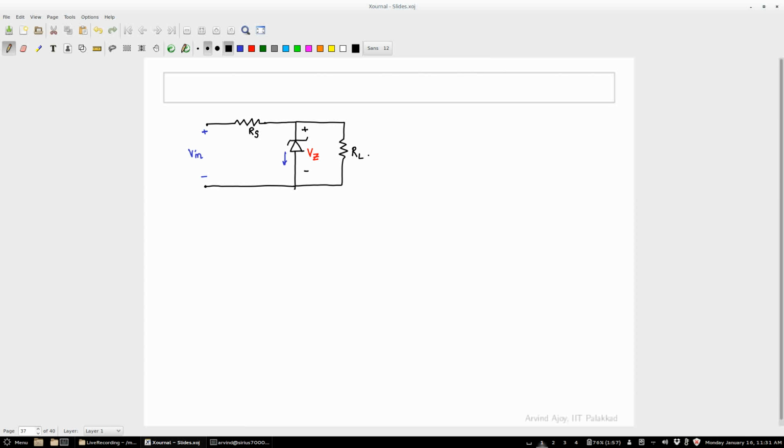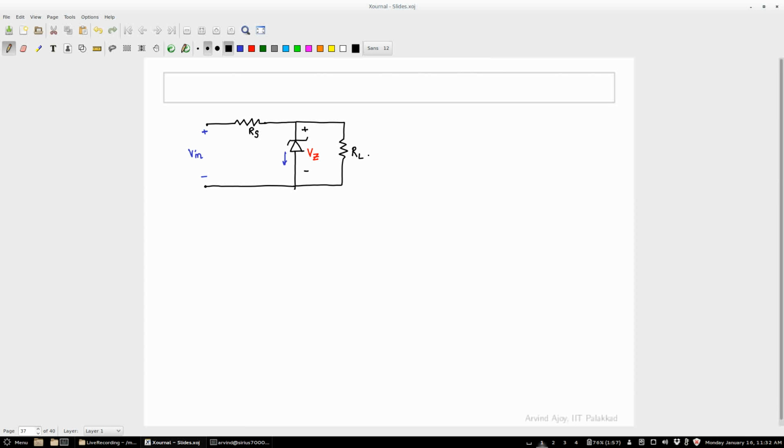V in, do you know? Can you control V in? No, right? That's dependent on the power supply. So V in is not a design parameter. Can you control RL? No, right? Because the user may tell you that I want a supply that can provide up to, say, 100 milliamps. So RL is also not under your control.